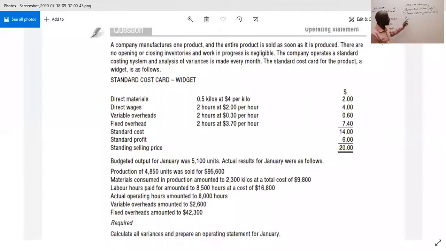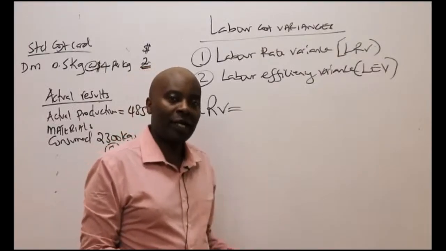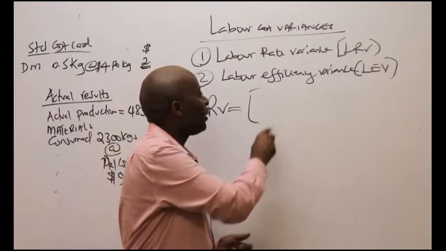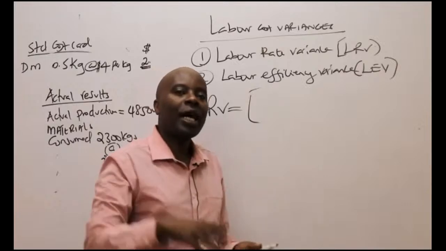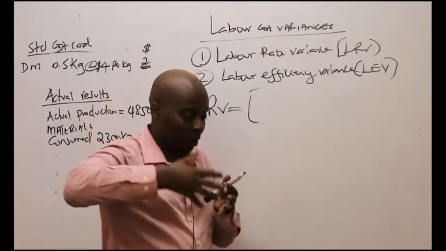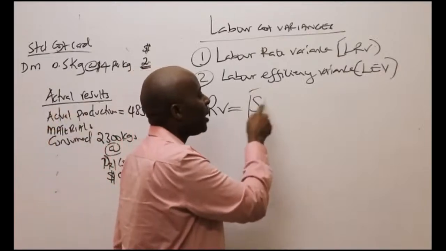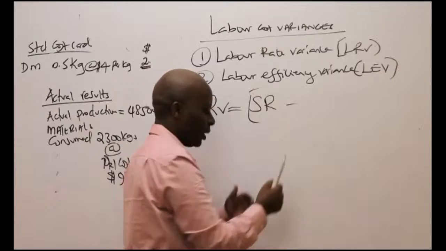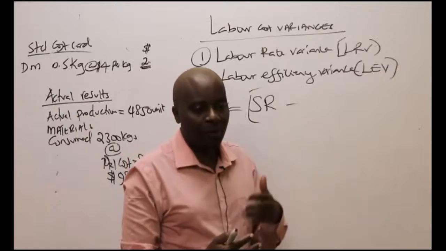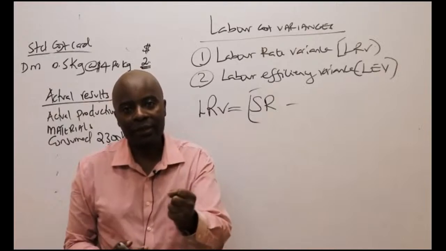It is the difference between two rates of paying workers. At the beginning of the year, as a college, we may have put a very high rate for them because we thought this would be a good year. So we have the standard rate. But as the year progressed, Corona hit us badly.